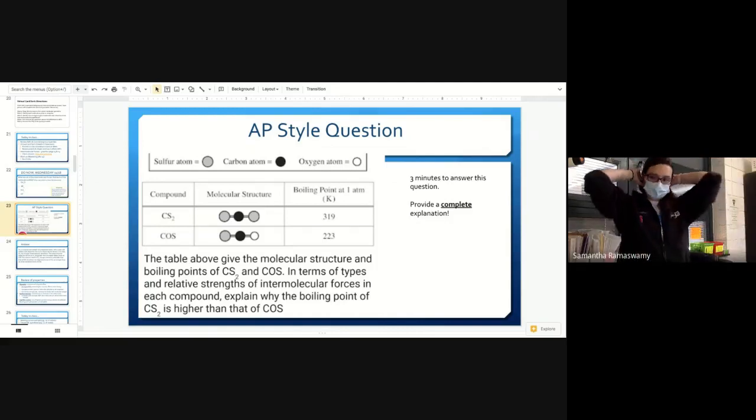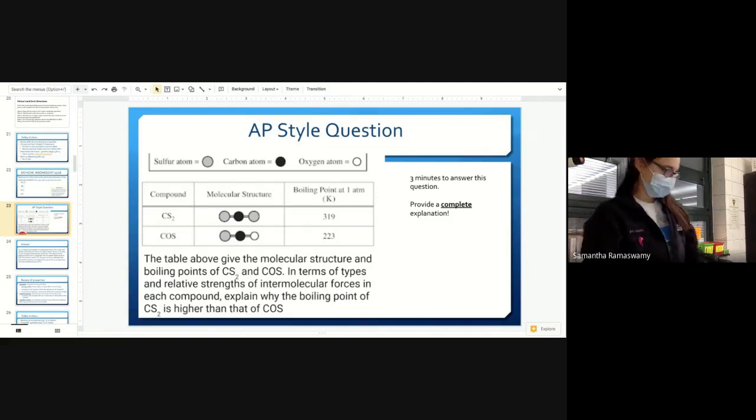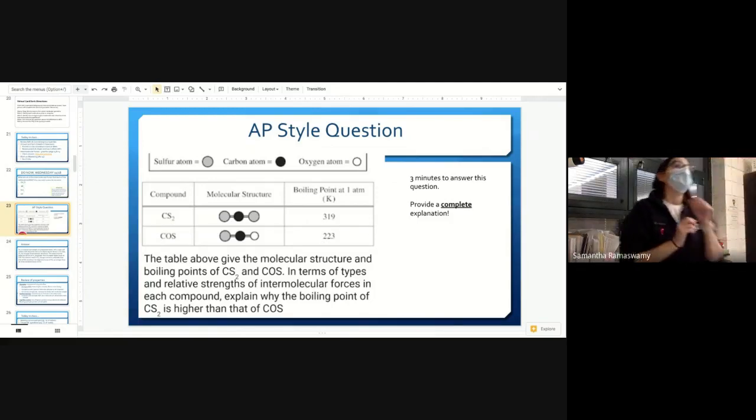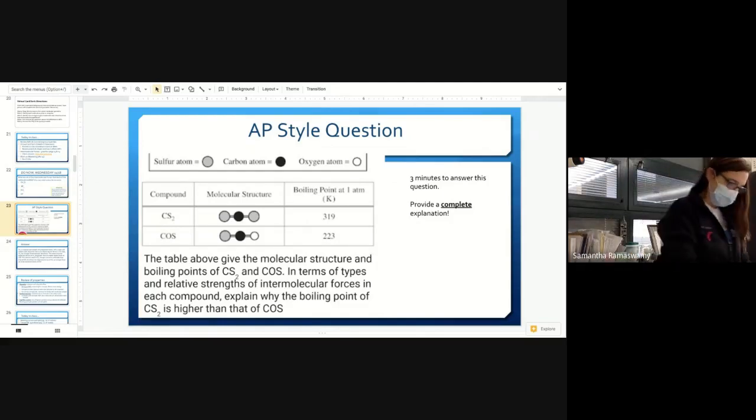So this is almost the same type of question you would see on a free response, where you have to apply intermolecular forces. So you have to take what they give you and apply it to answer the question.